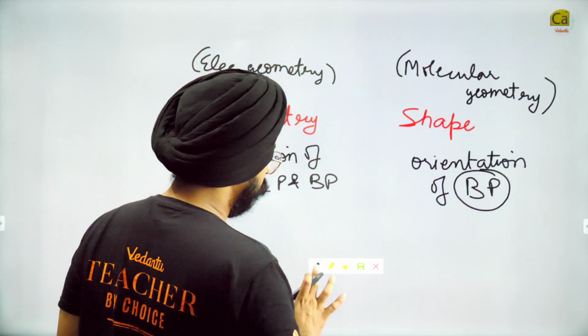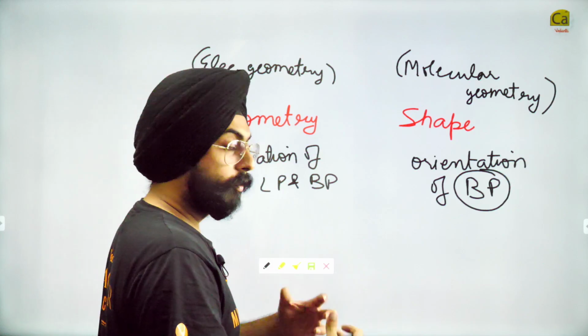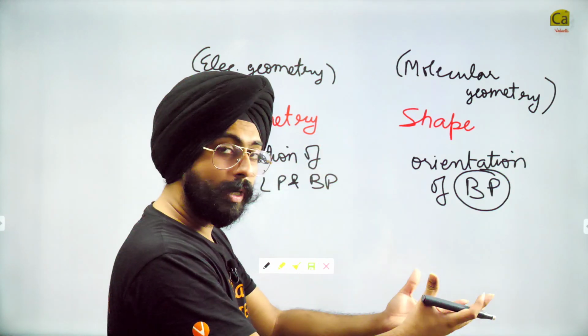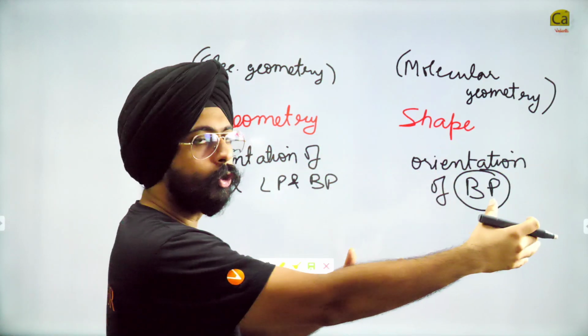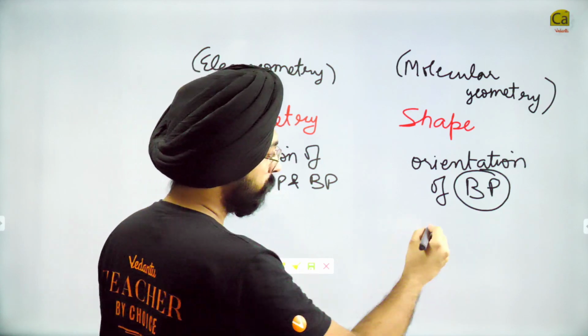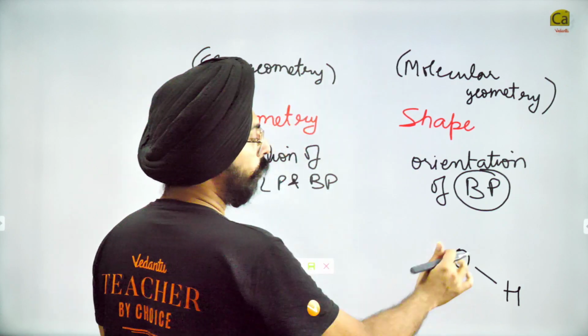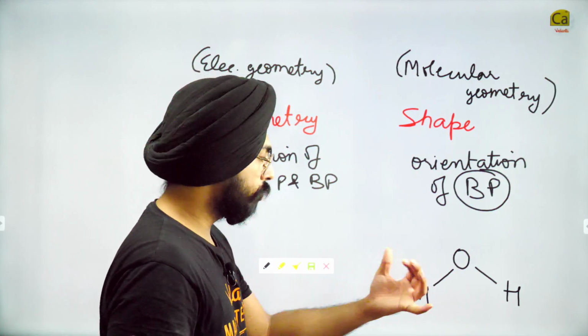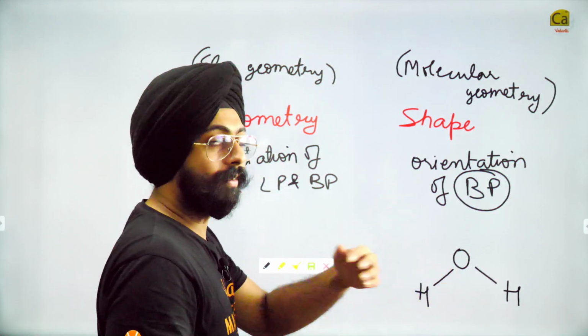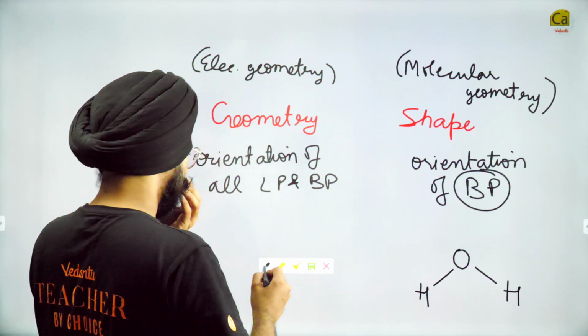I'll give you the example of water. I will make the example even more clear in the next class when we discuss the exact geometries and shapes of these cases. But water molecule mein dekho, we say that the water molecule has a bent shape. I'm pretty sure you studied that information somewhere. If you haven't, I will tell you eventually in this class.